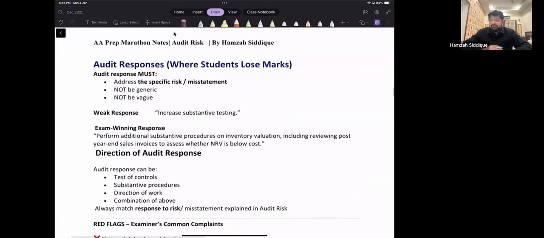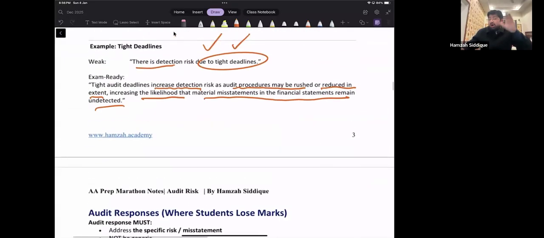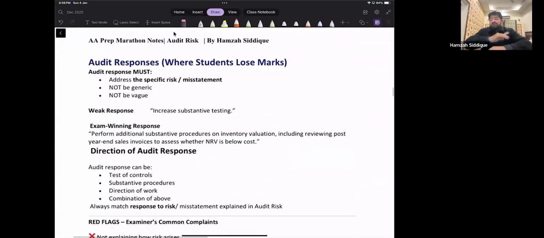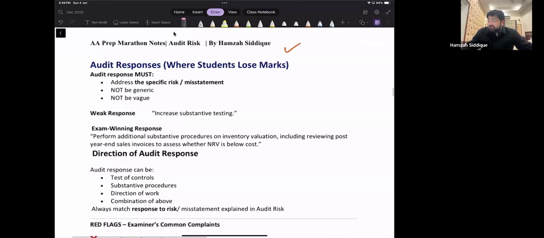Now, the next is audit response. I hope you have got the idea how to explain it. What are the components? Audit response is where students normally lose marks. Audit response must address the specific risk or misstatement you are discussing.